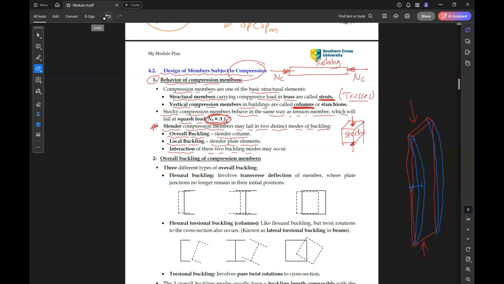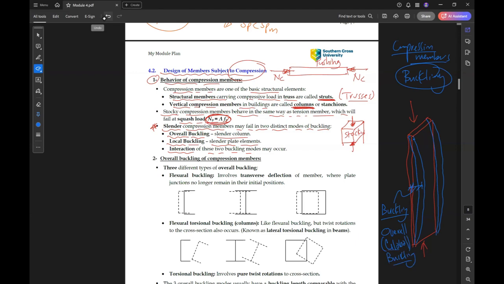So this is called buckling of columns. So usually the compression members are subjected to buckling. We have two buckling failure modes, overall buckling or local buckling. This type, because it happens over the whole length of the column, is called overall buckling, or global buckling.